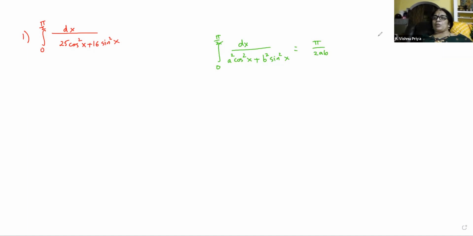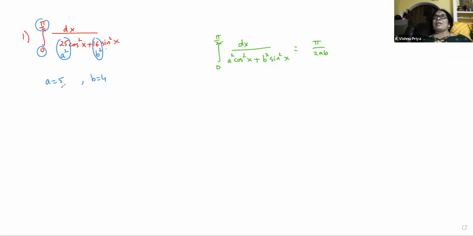Now I will go to the question and compare with the formula I gave. Here we have 0 to pi by 2, matching. Then a square cos square x, b square sin square x added. That means a is 5, b is 4, because a square is 25, b square is 16.